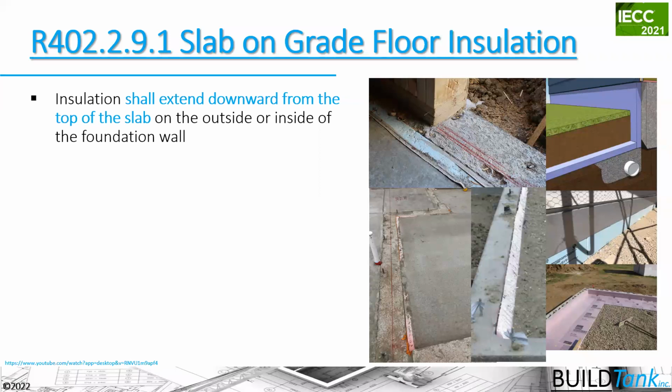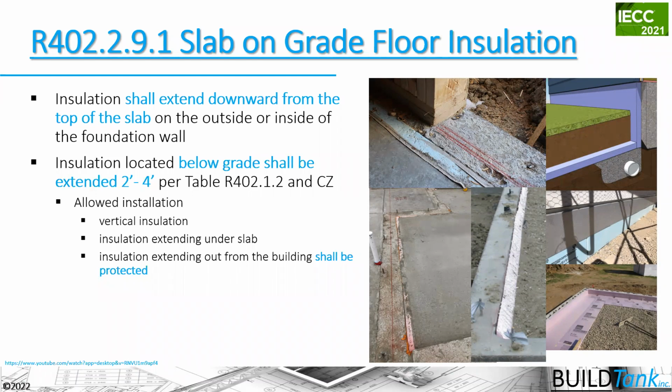The first thing we need to understand is that the R value associated in the R value table to slabs is specifically talking about slab edge insulation. And these additional installation requirements are dealing with the installation of slab edge insulation that correlates to that R value.